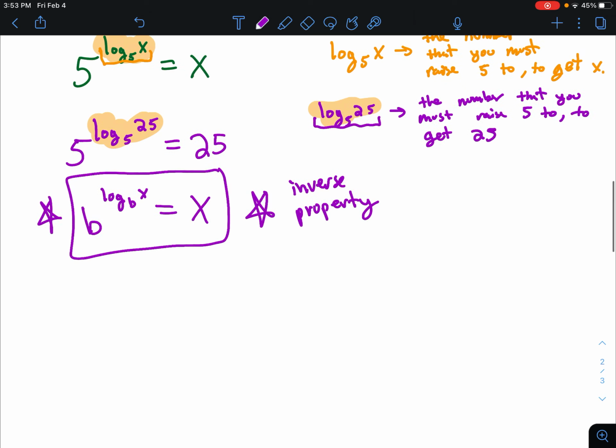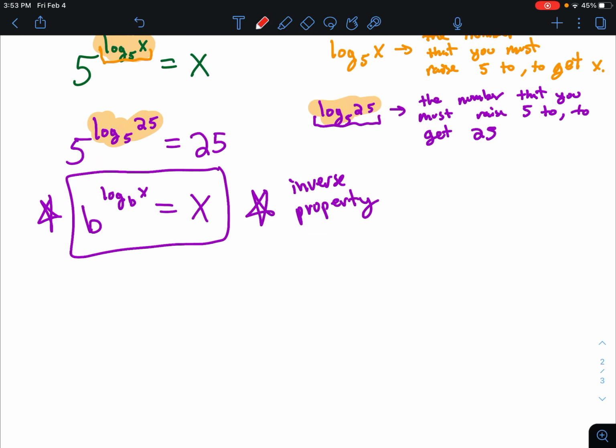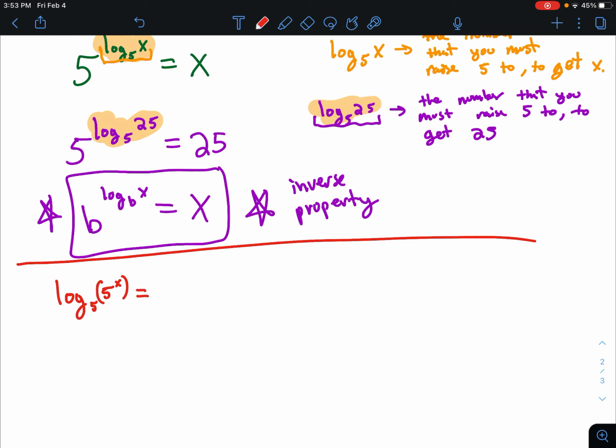Okay, and then we have a second property. So let's cut this here. If we have, for example, log base 5 of 5 to the power of x, it's equal to x. Because what does this mean?